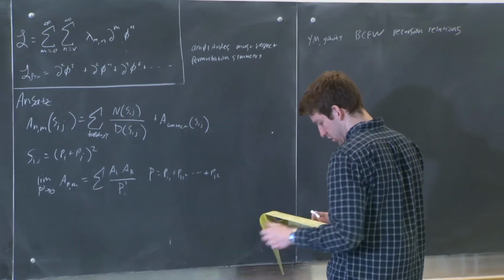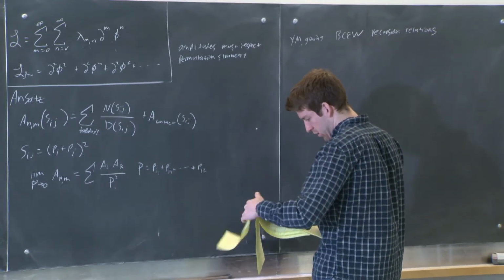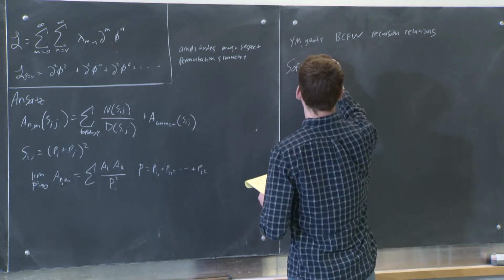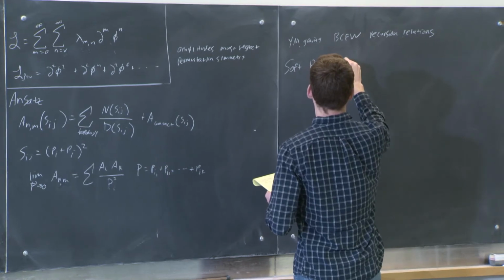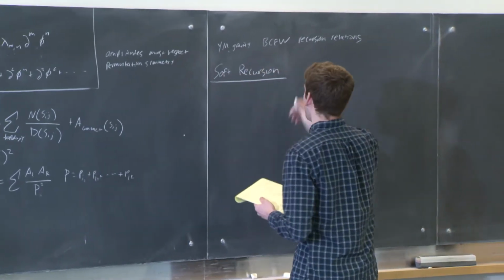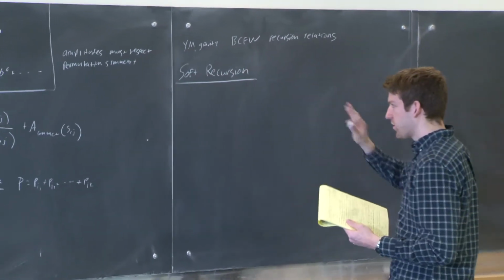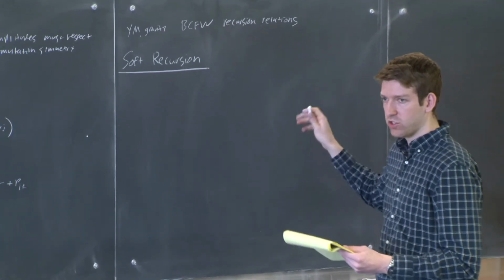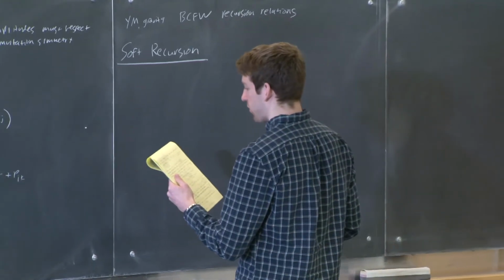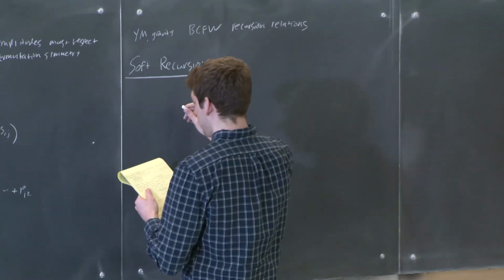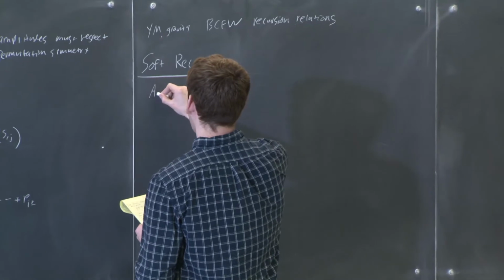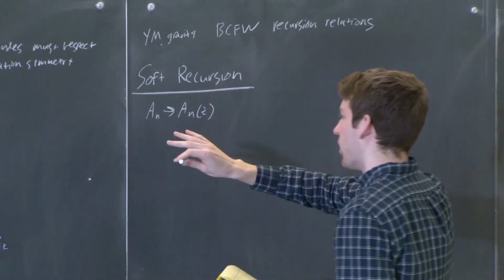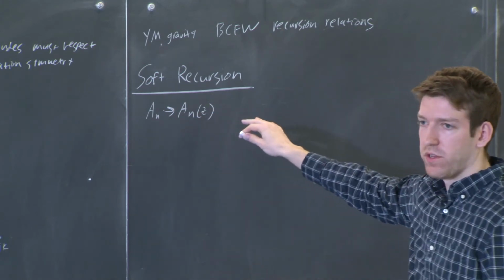Let's skip ahead. I'm going to skip exactly what the details of the momentum shift are. I'm going to come back to those after I do this, and just show you generally how this soft recursion works. So suppose we have a method, and I'm sorry for going out of order here, where we promote the amplitude to a function of a complex parameter z.